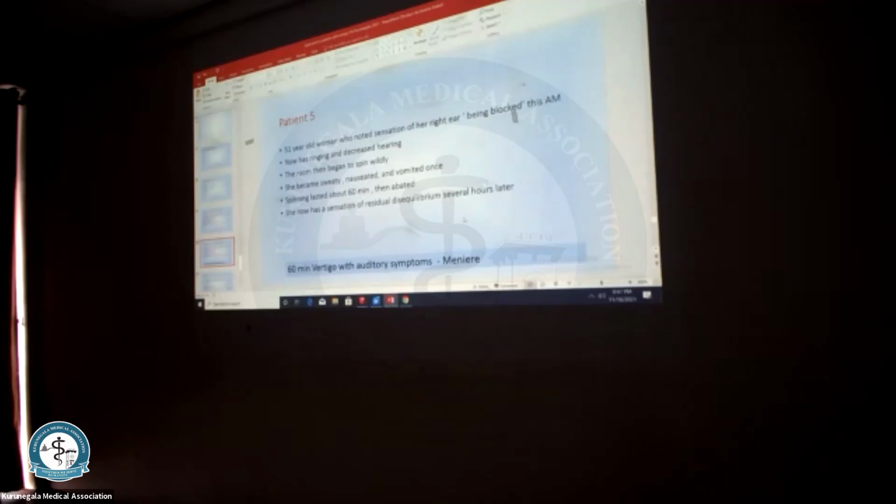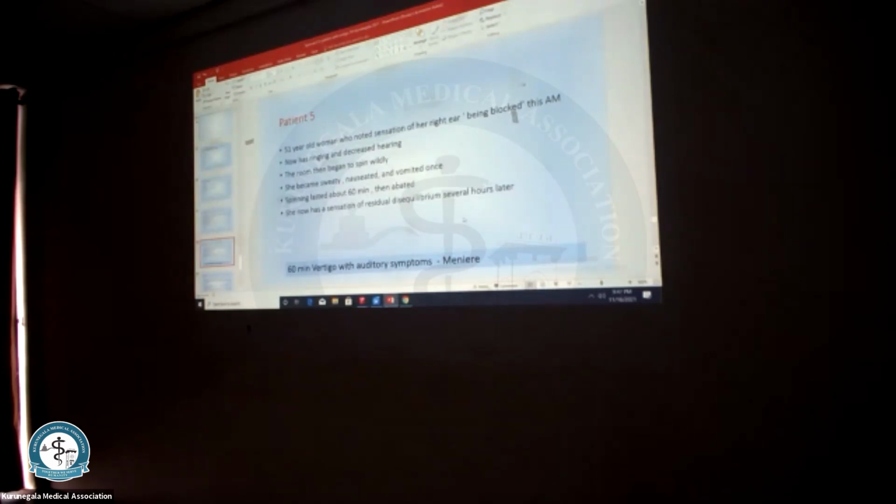The auditory symptoms point us to the etiology of Meniere's. It is the feeling of a blocked ear with tinnitus, and hearing will decline with the attack. It might happen that the patient does not exactly tell, but if the hearing is impaired with time, and the patient is having severe vertigo episodes, we will consider this.